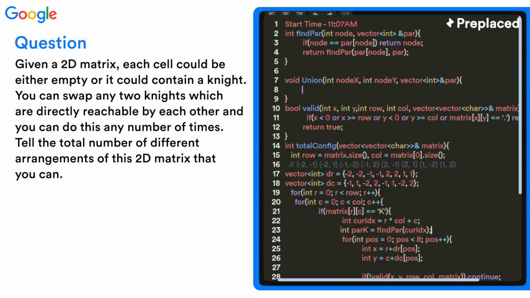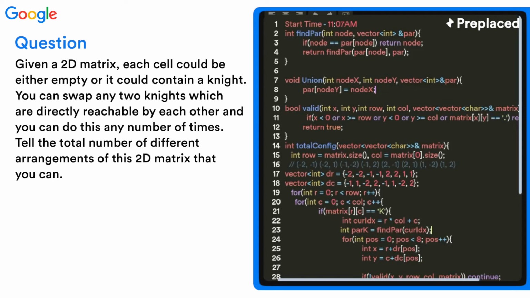So I can either assign the parent of node y to be node x, or I can assign the parent of node x to be node y. Let's do that. So parent of node y is equal to node x. This will be assigned. We'll be finding the parent, we'll be finding the union, and we can do that. So we'll get the parents.